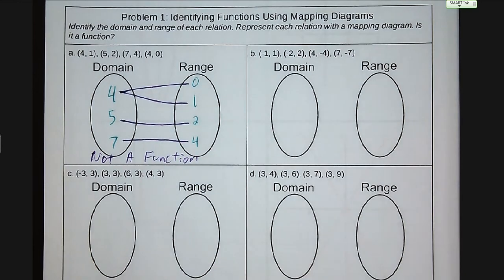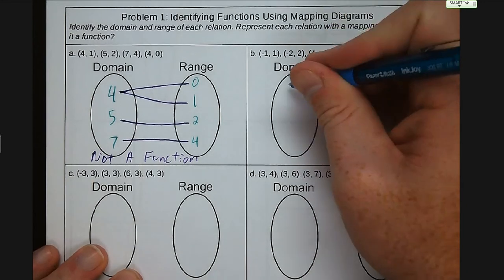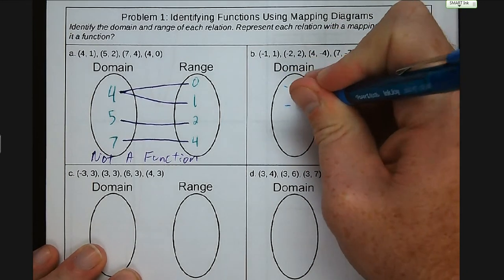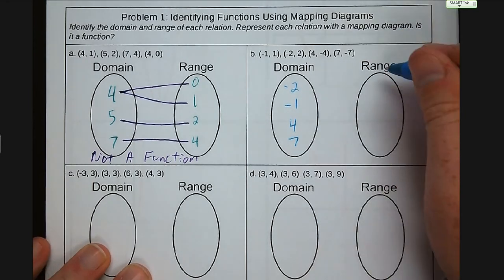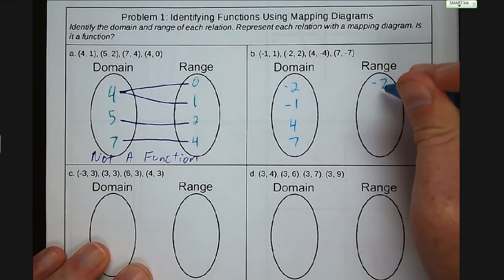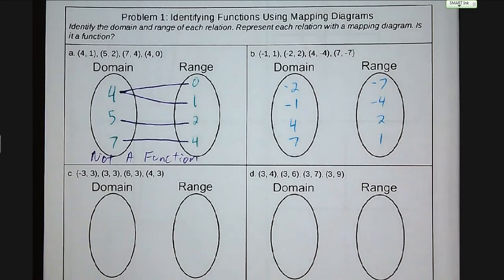Letter B. We're going to start by writing our entries in. So we've got a -2, a -1, a 4, and a 7. Our y values, we have a -7, a -4, a 2, and a 1. So now I need to make my connections.